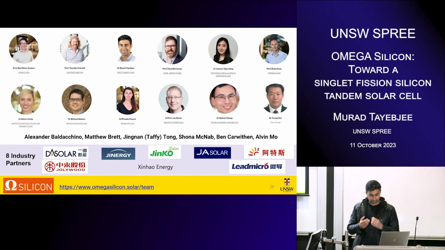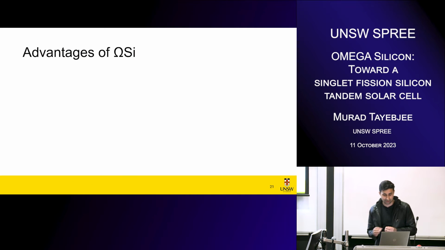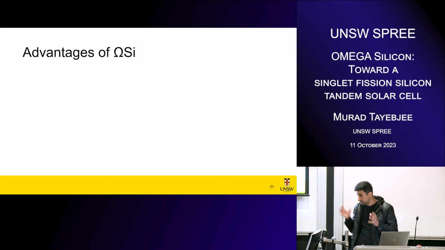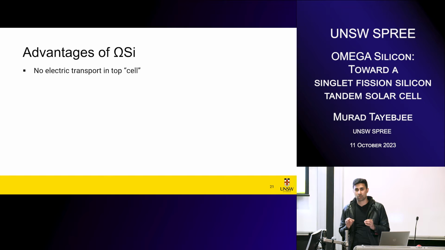Okay, so by now I hope you understand all of undergraduate chemistry, all of singlet fission, and now I'm going to try and sell Omega Silicon to you. All right. So the main advantages that we have over other tandem technologies really just lie in this: we have no electric transport in the top cell. We only have excitons hopping about.